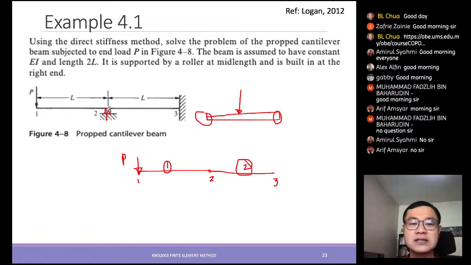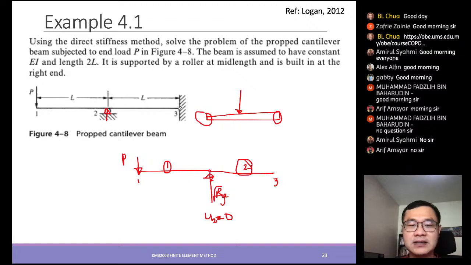Since this is a roller, it only constrains the movement in the vertical direction. So here you can say U2 must equal 0, but then there is a reaction force, R2, or maybe Fy2.